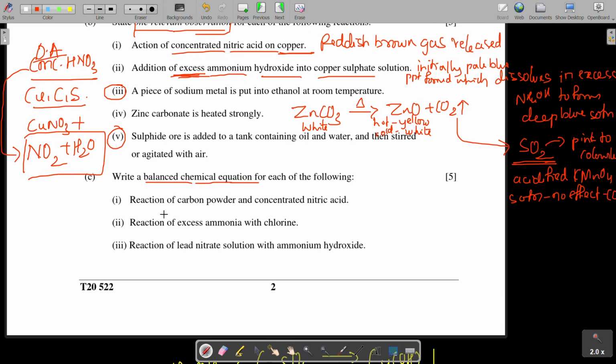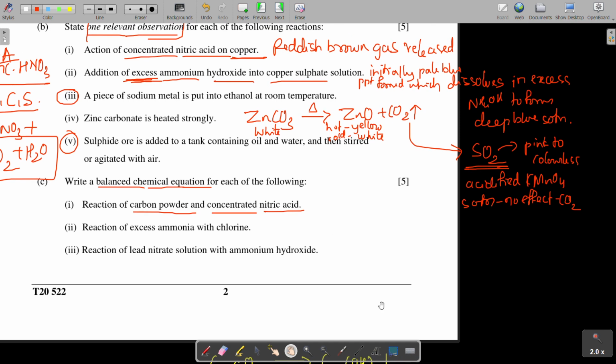Reaction of carbon powder and concentrated nitric acid. Previously I told you that concentrated nitric acid is a powerful oxidizing agent. So obviously what you should get on the product side is NO2 plus H2O. I will just give you the skeletal equation. Anyway, you know how to balance. If you're in grade 10, you should know how to balance it.